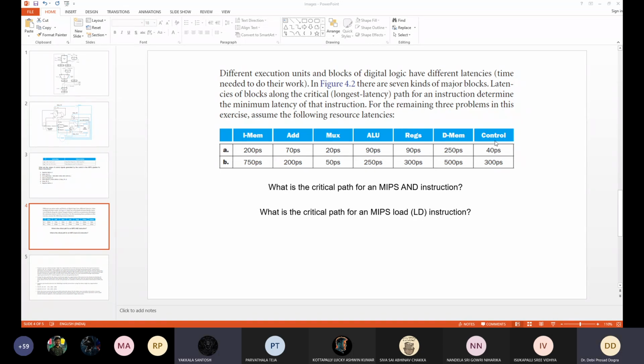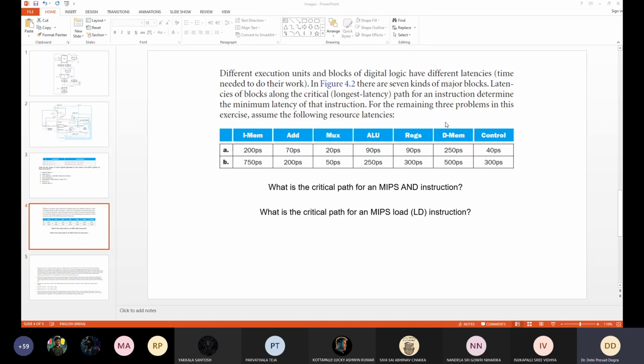43 Sindhu. Present, sir. 44 Akshaya. 45. 46 Abhijit. 47 Pavan Kumar.